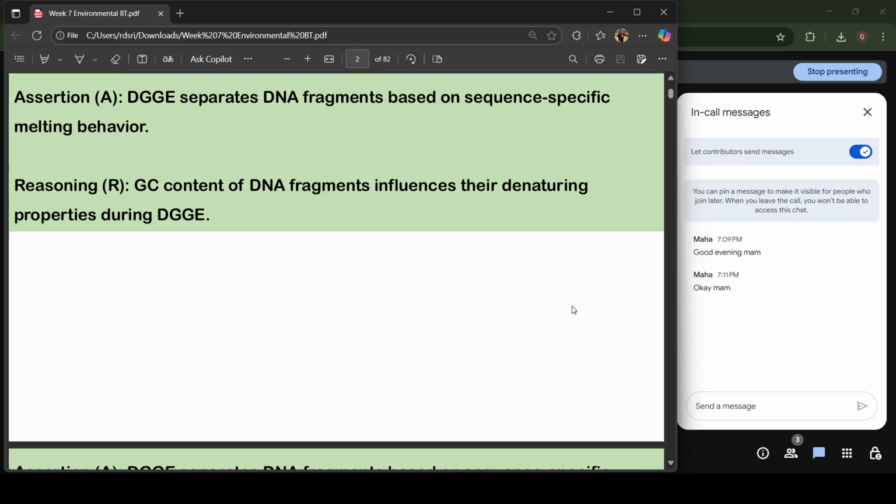For assertion and reasoning questions, you can just give: both the statements are right and the reason is explanatory, or any of it is wrong, or both are right and it is not explaining. From these options, you can answer all the assertion and reasoning questions.